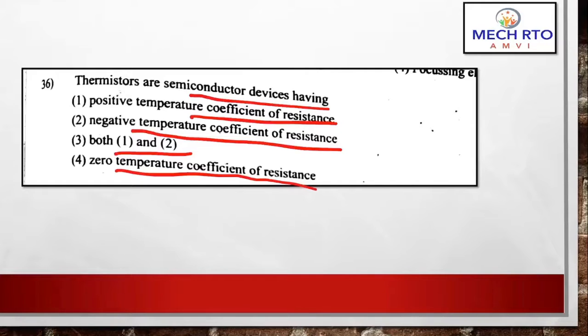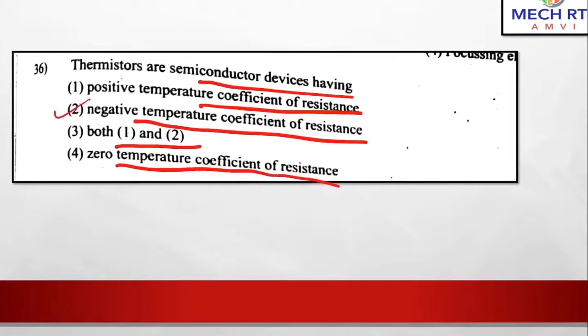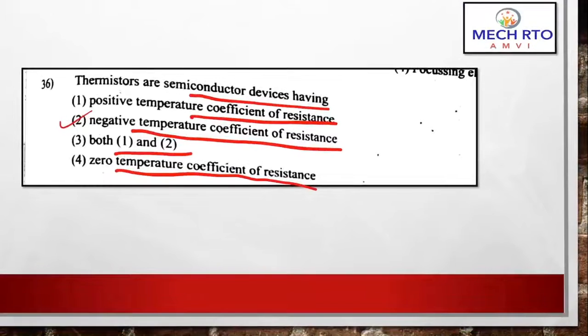That's why it is called negative temperature coefficient of resistance, right? So the correct answer would be negative temperature coefficient of resistance. Thermistors are semiconductor devices having a negative temperature coefficient of resistance, meaning when temperature increases, resistance decreases, and vice versa, right? Now moving on to the next question.